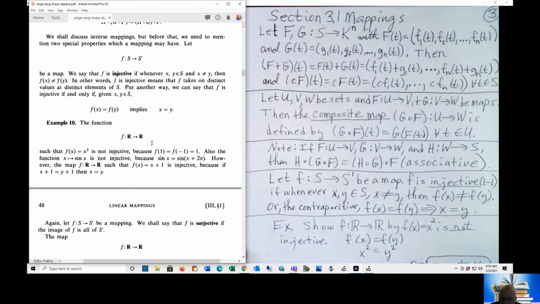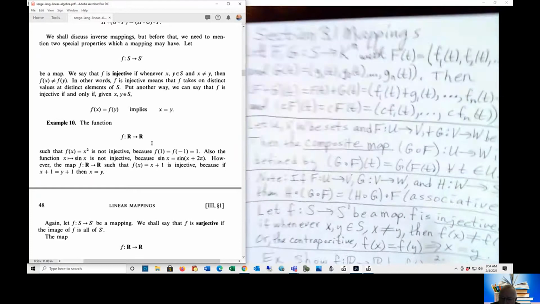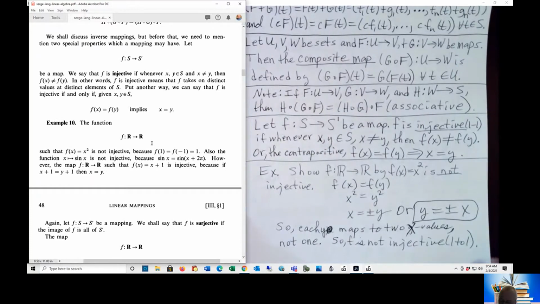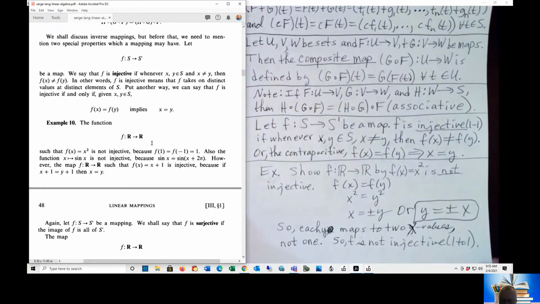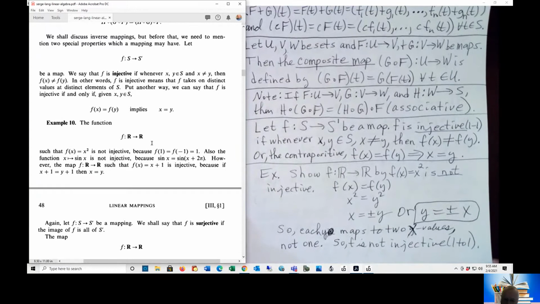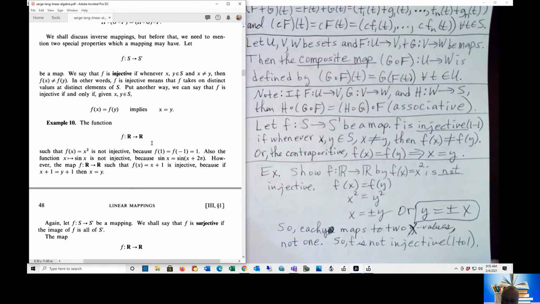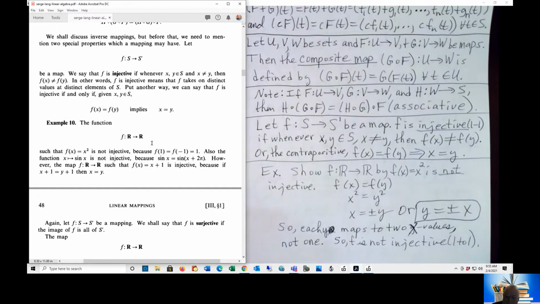Now, an easy example from algebra is the good old parabola, f of x equals x squared from R to R. And it's not one-to-one when it goes from R to R. So let's look at f of x equals f of y. That means that x squared equals y squared, so take the square root of both sides. x equals plus or minus y, or y equals plus or minus x.